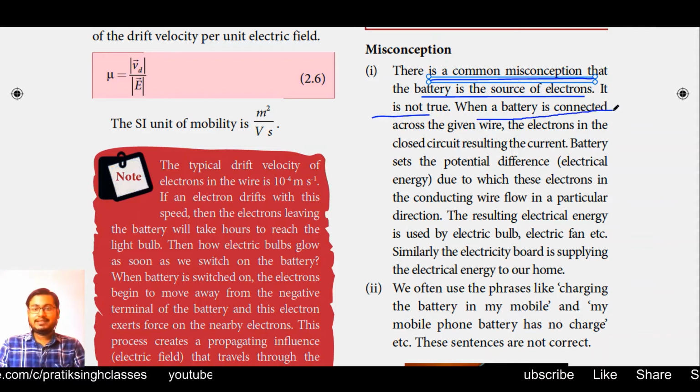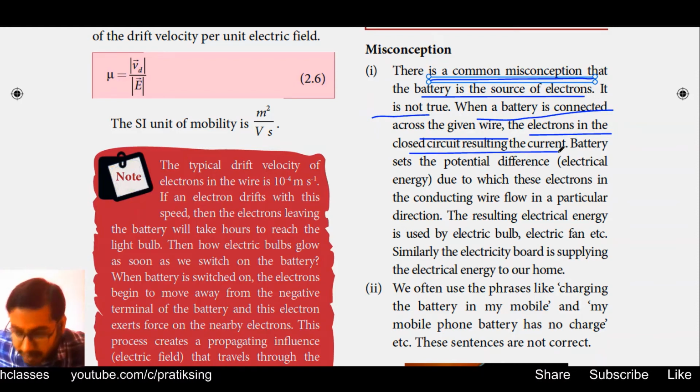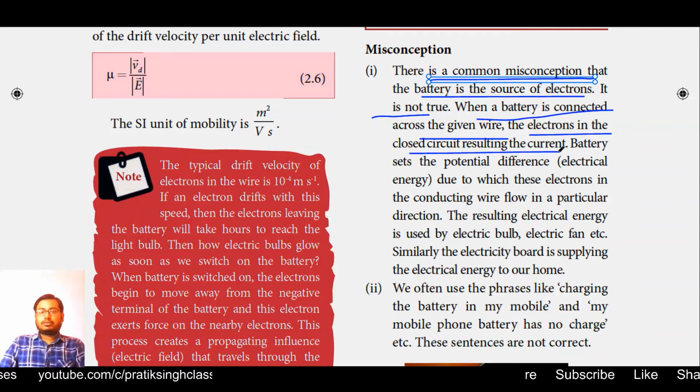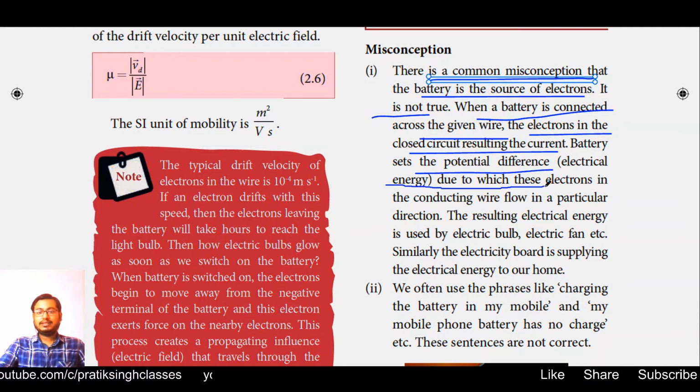When a battery is connected across a given wire, the electrons in the closed circuit result in the current. Whenever the circuit is closed and the battery is connected to the wire, there is a successive movement of electrons from the battery to the conductor and again back to the battery. The battery only sets up the potential difference, or electrical energy, due to which the electrons in the conducting wire flow in a particular direction.